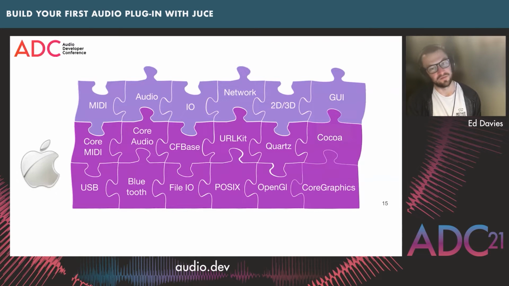And then if you go a level deeper, you've got the actual native frameworks on macOS. So you're speaking Core Midi, Core Audio, URLkit, Cocoa for the GUI. And then if you go a level deeper than that, you're actually talking OpenGL shader code, POSIX file system stuff, POSIX code. You might be talking to the USB and Bluetooth drivers, file IO. So it's actually vastly more complicated than a single piece.